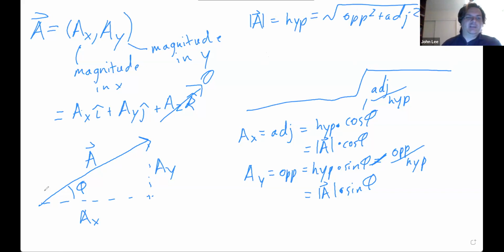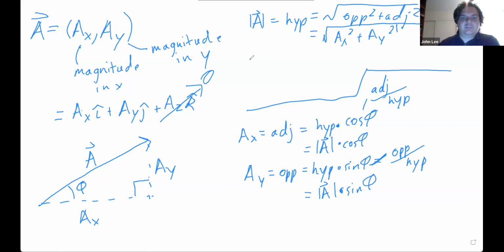Because remember, in any right triangle like this, because AX and AY are perpendicular to each other, the two sides of the triangle squared are equal to the hypotenuse squared. So this is going to be equal to the square root of AX squared plus AY squared.